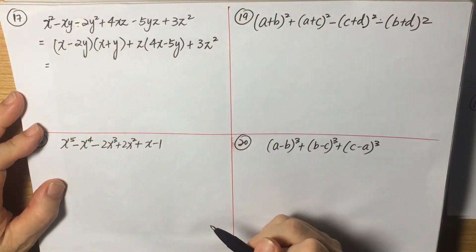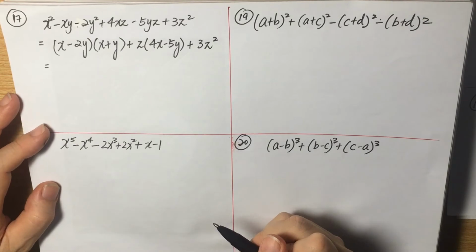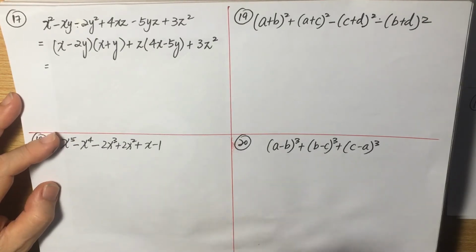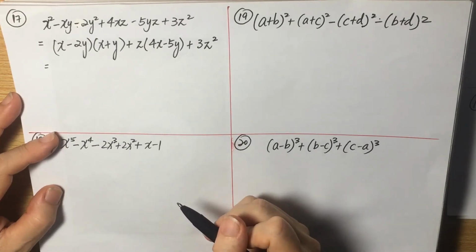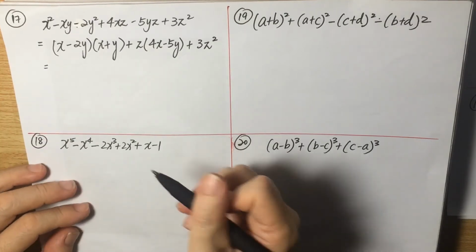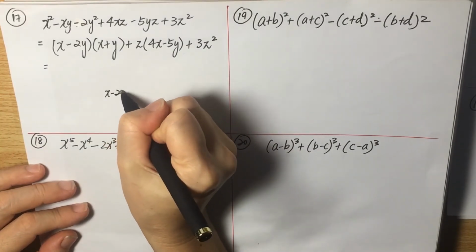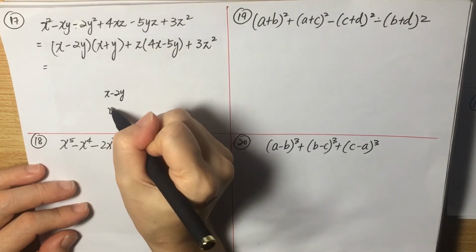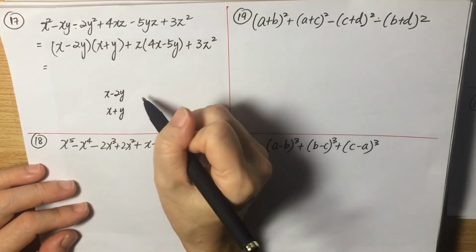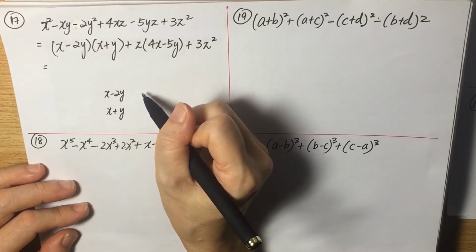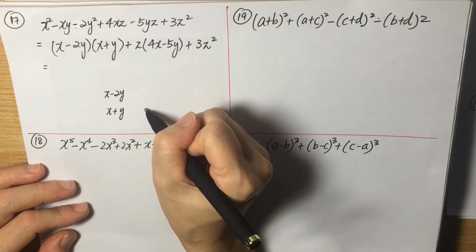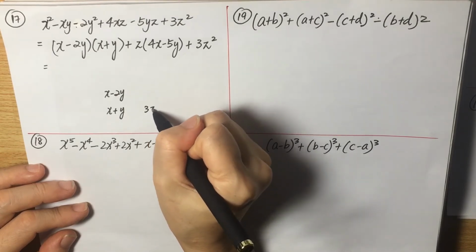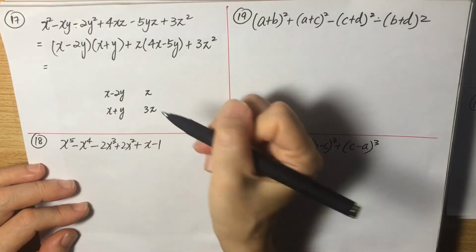Okay, so now I'm going to do factorization using the cross method. Okay, the cross method will be x minus 2y times x plus y multiply into 3z and z.